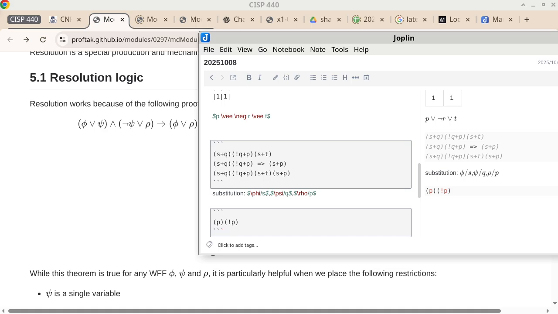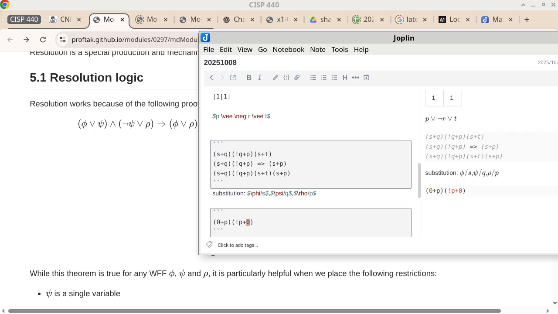What if I were to mess this up a little bit like this? What if I were to say, let's do a false or, and then this is or false. Would that change the meaning of P if I just say false or P?